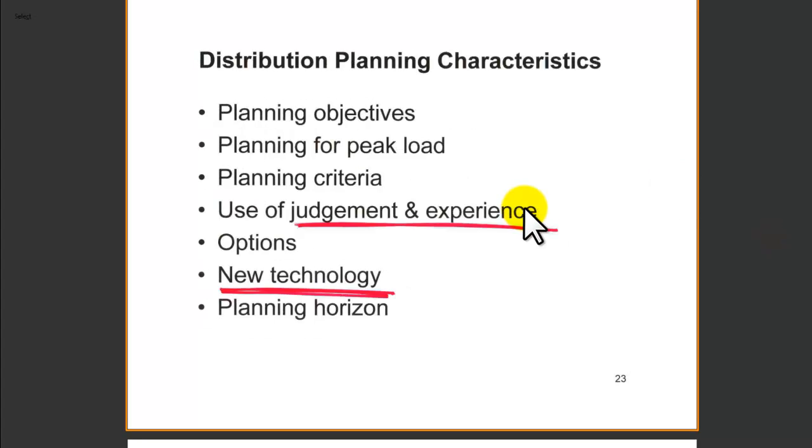So as you know, planning the distribution system expansion and all sorts of things is always subject to, as I highlight here, judgment and experience, as well as new technology. A lot of the time it may make sense to do it in a proper way, but because of other constraints and their experience in the past, they find they can do things a little bit differently.